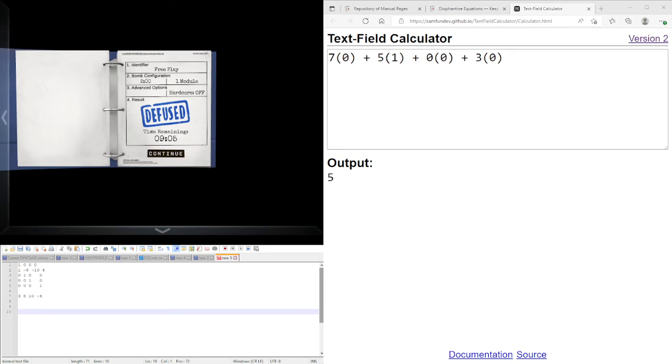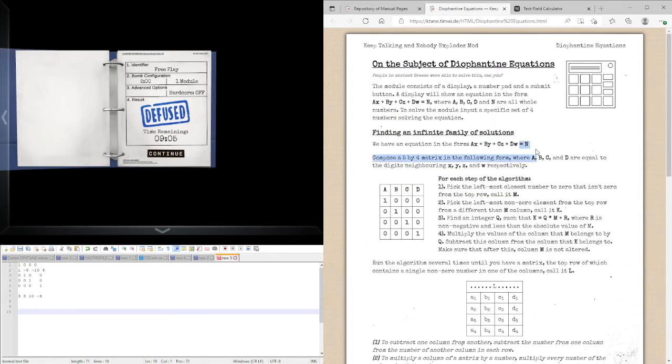If the answer to the Diophantine equation, aka n here, is not divisible by this, you press S immediately. Otherwise, you use the numbers you end up with in these columns by trying to reduce it down to one number at the top here, following these rules.